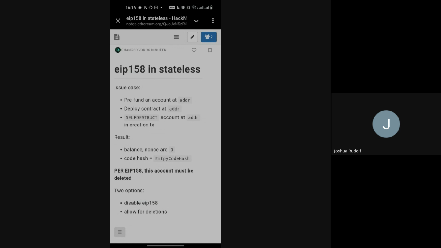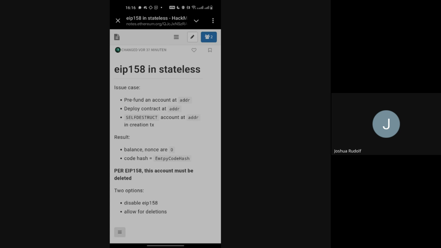So this is a simple description of what the problem is. While merging some code into Geth, we found this corner case that's not really covered by the spec, and it has an issue. Basically, the consequence is that we might either have to disable EIP 158 or allow for deletions.